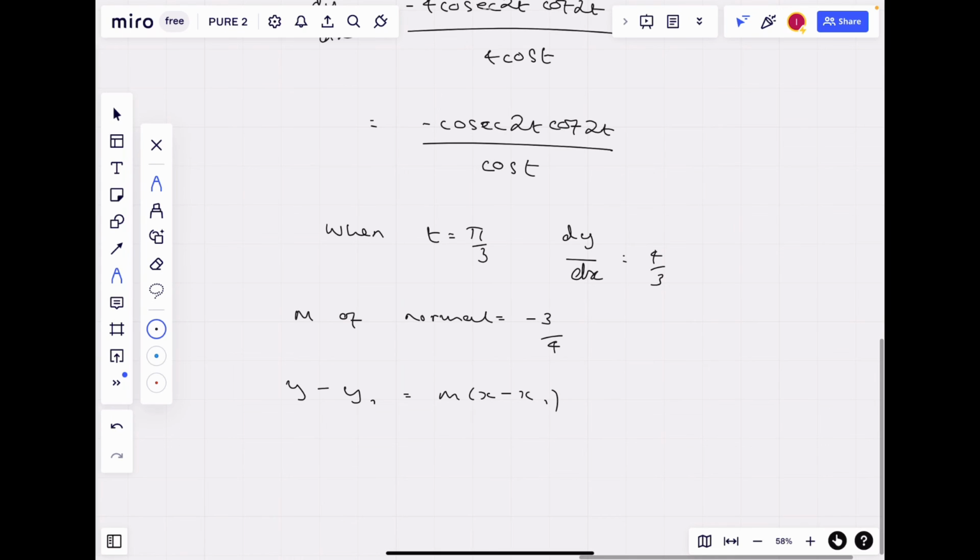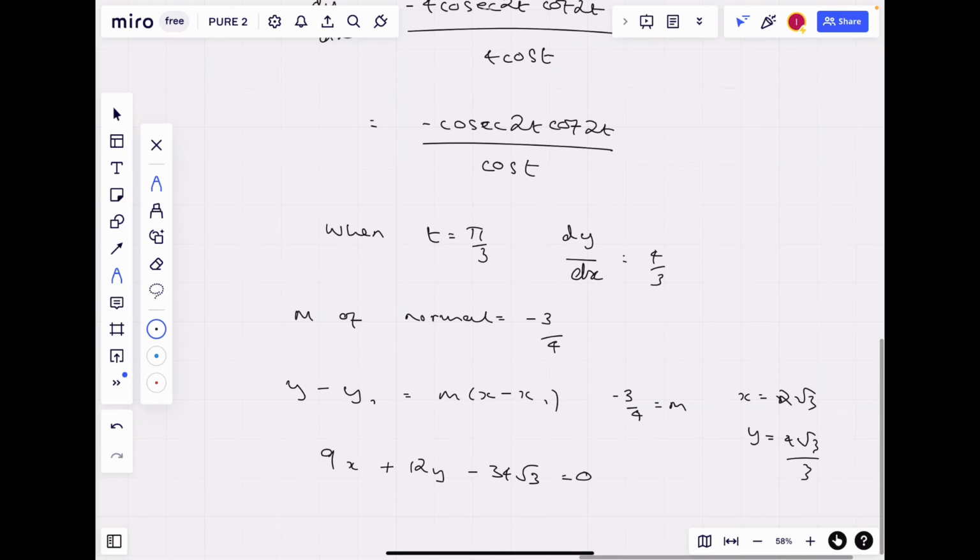After doing that, you should get 9x plus 12y minus 34 root 3 equals 0. So after plugging in minus 3 over 4 as m, your x is 2 root 3 and your y is 4 root 3 over 3 as given in the question. Sorry, my 3's look really bad.